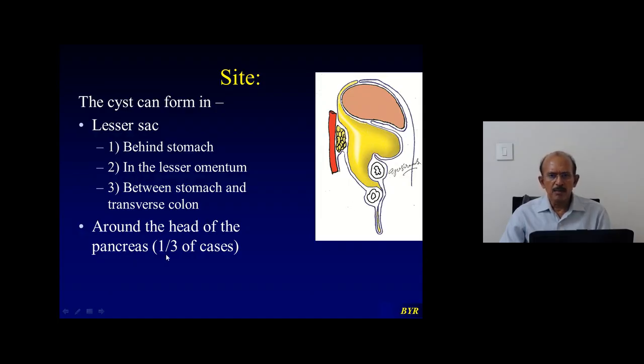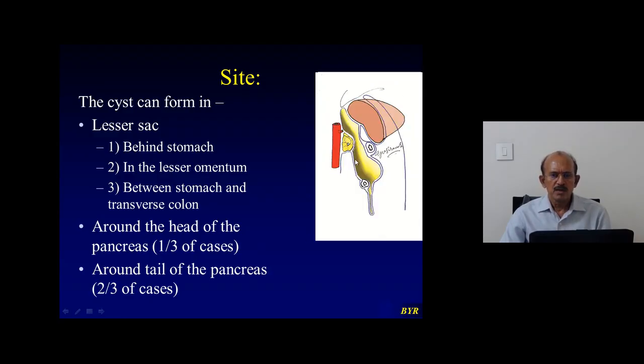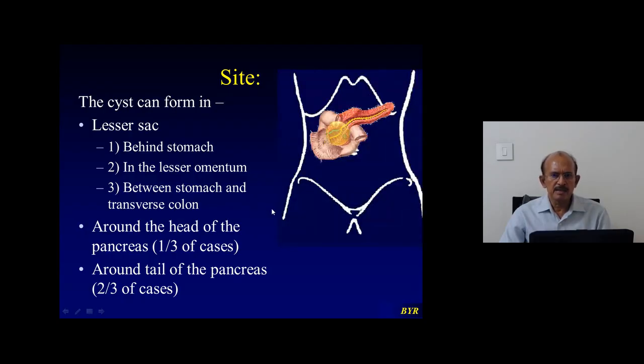Or around the head of the pancreas, around the tail of the pancreas. So if it is between the stomach and transverse colon, it will be like this. So there will be encystment of fluid either in the lesser sac or in the head of the pancreas or in the tail of the pancreas.